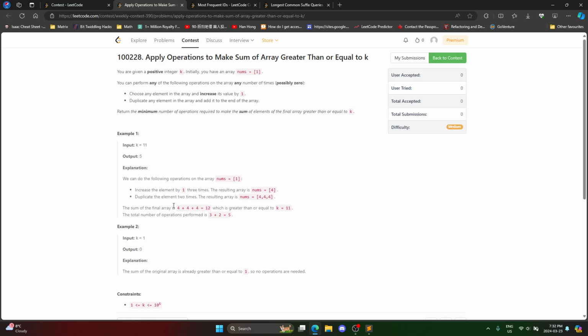If it's 3, how can I do it in 2 operations? If it's 4, I'm trying to prove this strategy is optimal.